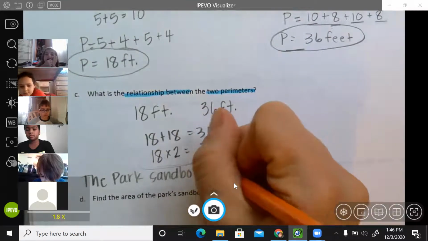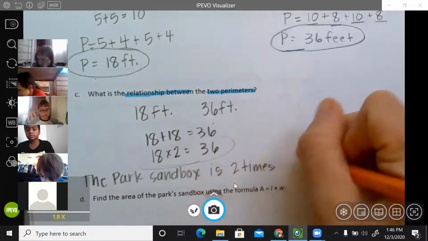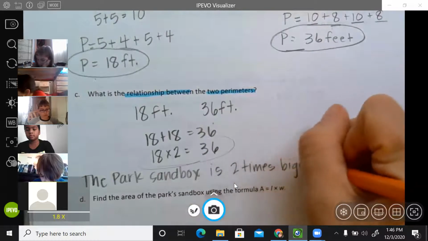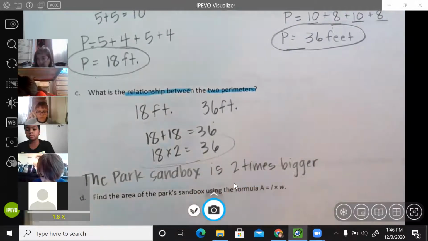The park sandbox is 2 times bigger than what, Brian? What was the park sandbox 2 times bigger than? Brian, the park sandbox is 2 times bigger than what?